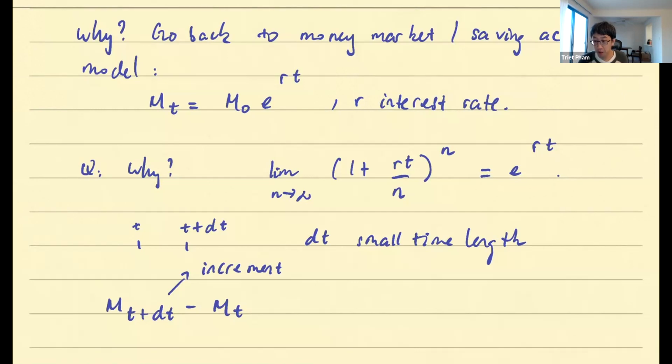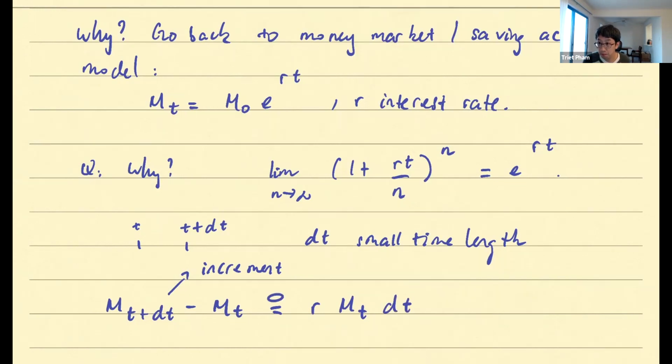How much has it changed? Actually, it's very simple. What's my interest rate? R. So by the rule of saving, I should have been paid a proportion of my initial deposit at time t times how long I have kept that in the account.